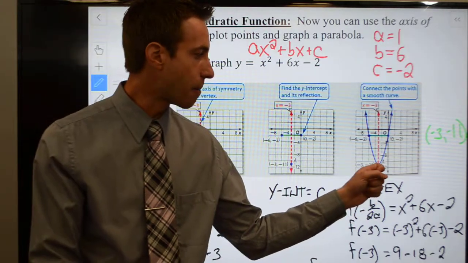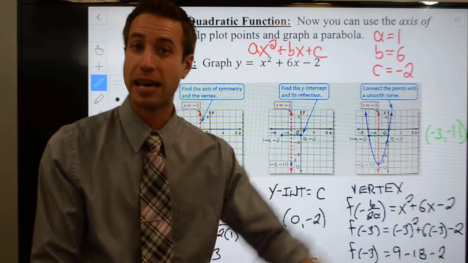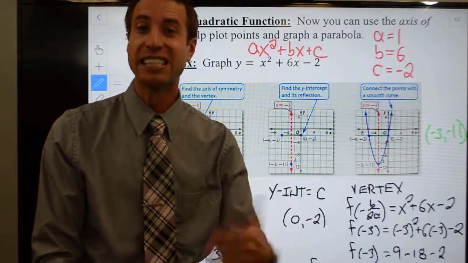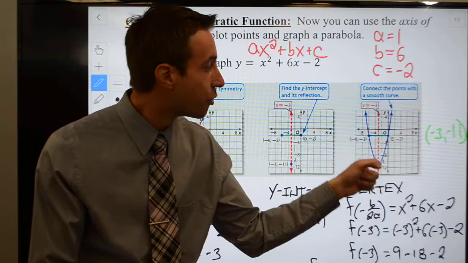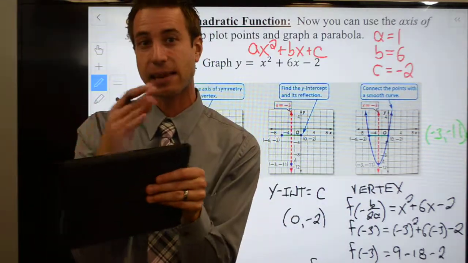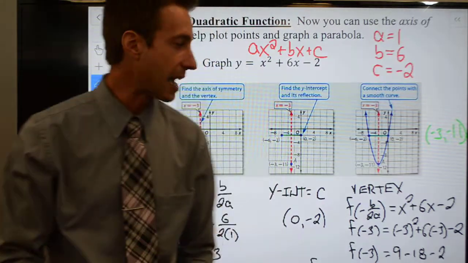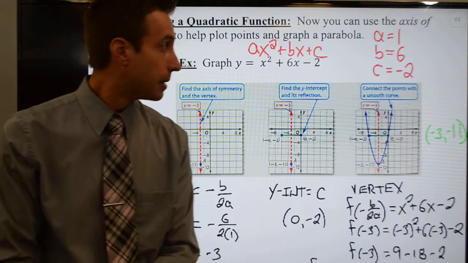I connect from my vertex through my y-intercept, right? That gets me half of my parabola. Since it's symmetric, on the other side, I'll go from my vertex through that other point I found by going the exact same distance past the axis of symmetry to get the other half of my parabola.